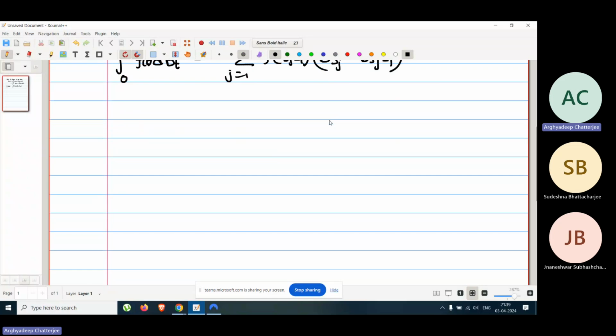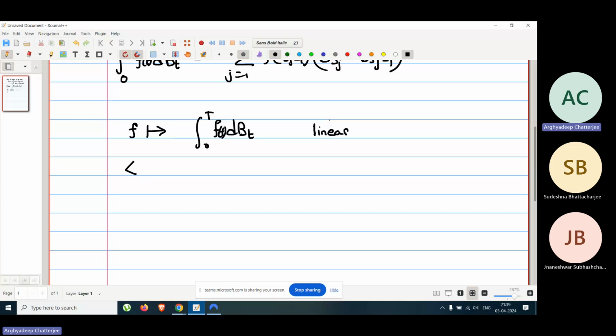And we saw some properties. This map, which maps f to the integral from 0 to t of f of t dB_t, is linear. And we saw the quadratic variation of this integral.